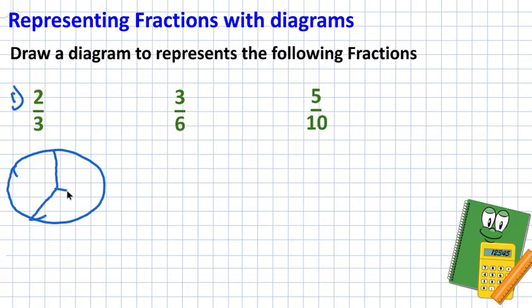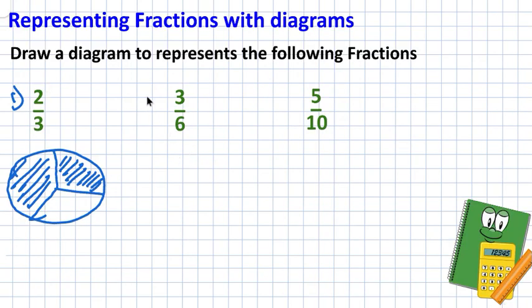Try as much as possible to make it equal. Now, to complete our drawing, we shade the 2 parts, which is the parts that we took. So this diagram represents 2 out of 3.